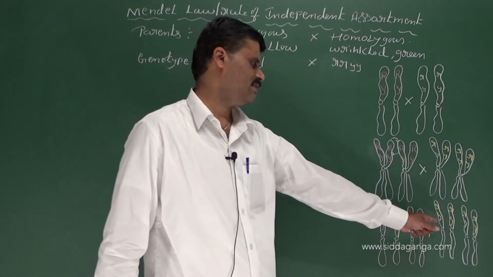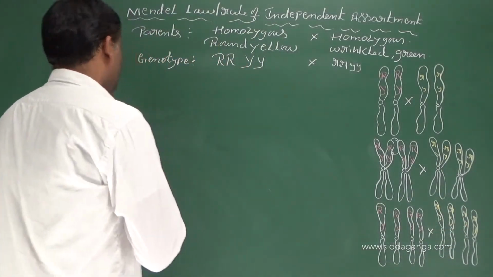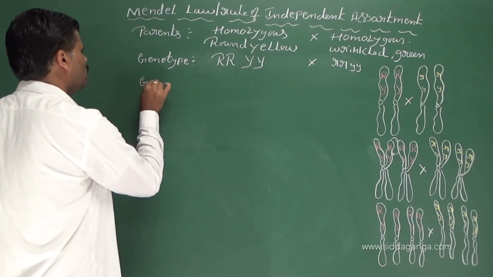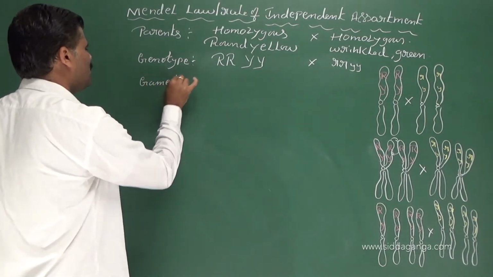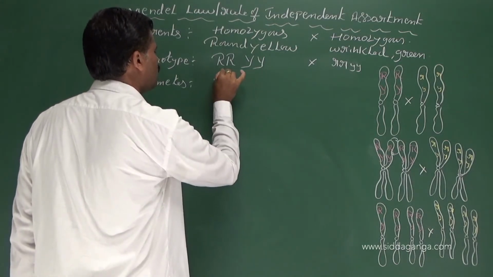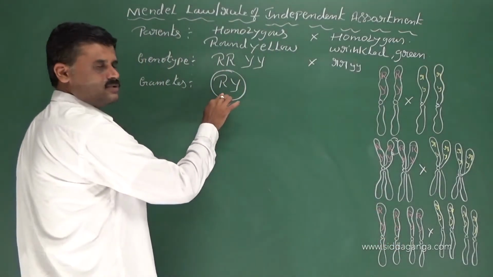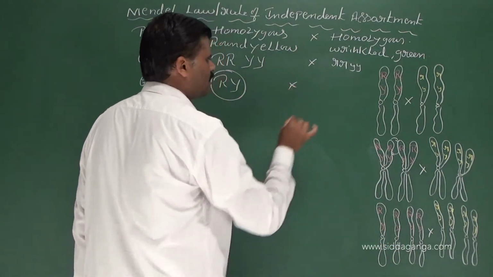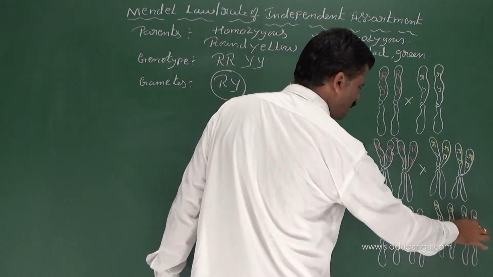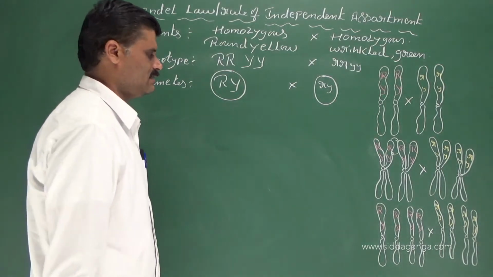All four gametes contain similar type of genes. Now, so they are similar, hence Mendel took only one type of gametes. All gametes are similar, right? Capital R, capital Y. See here, capital R, capital Y, capital R, capital Y, all are similar, so they took one. Then here small r, small y, small r, small y, all four gametes carrying the same type of genes.